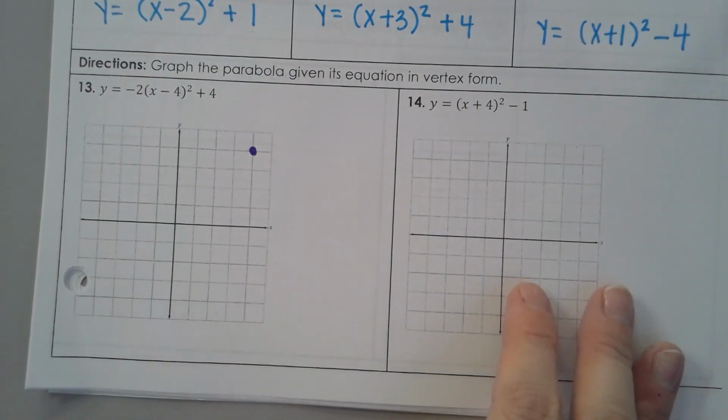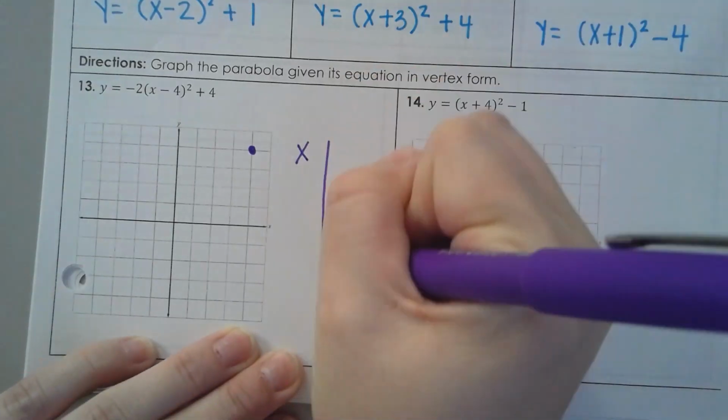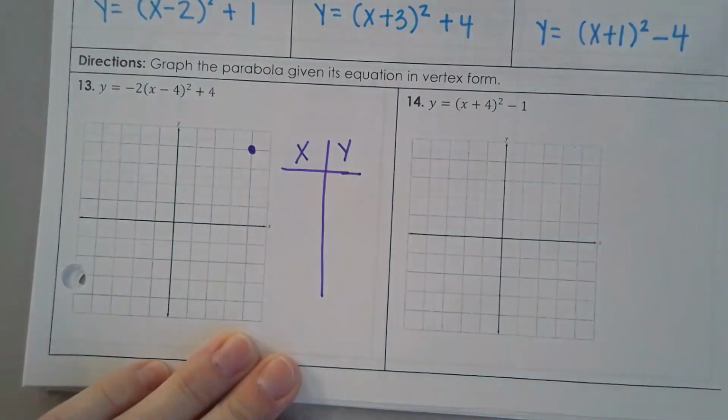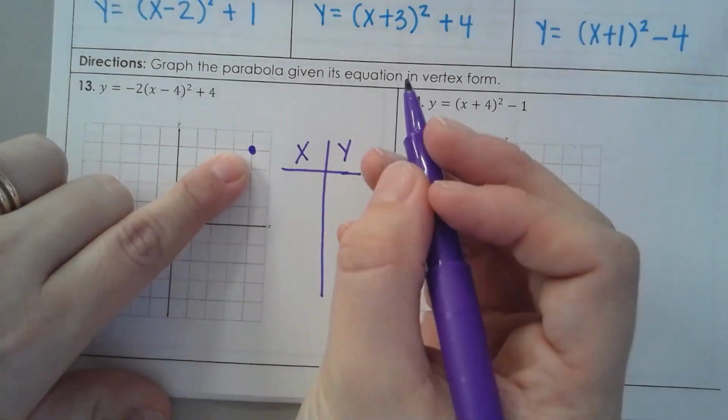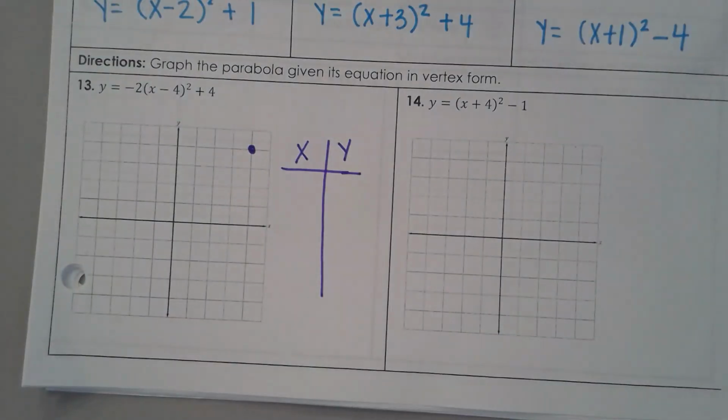When you are graphing, I want you to make an XY table. Typically, we put our vertex in the middle because a parabola is symmetric, with the vertex being that middle point where you would fold it, the axis of symmetry.